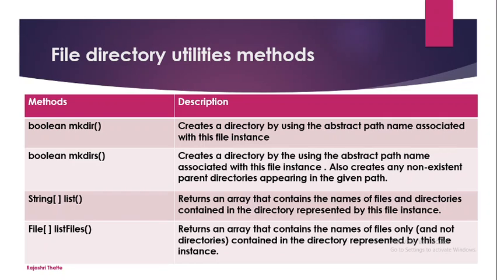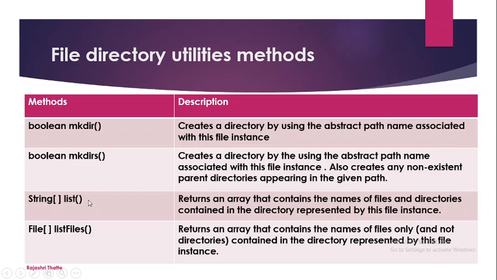So it is not a single name; I will have to display multiple names. It may be, suppose, 10 files and 2 directories, whatever it is. So all the files and subdirectories associated with my directory I want to display. So the result will definitely be an array of strings. So the return type is an array of strings.